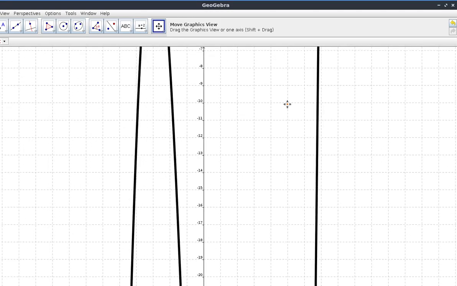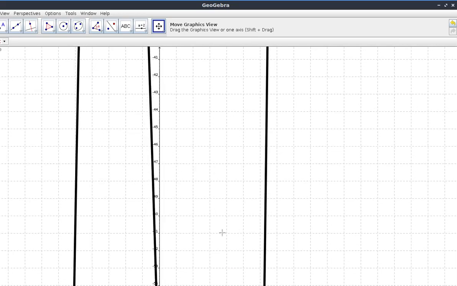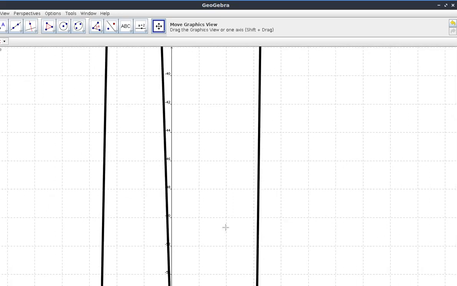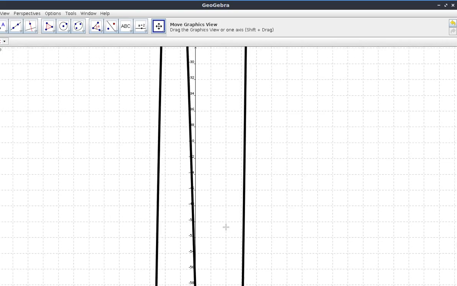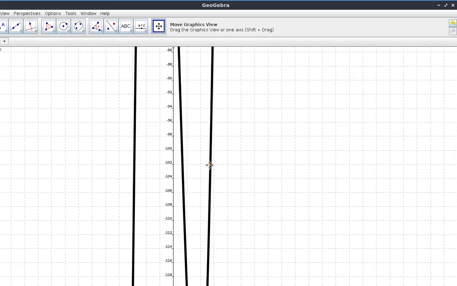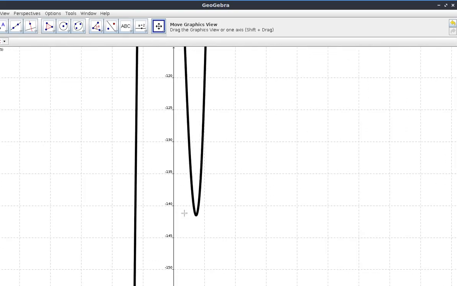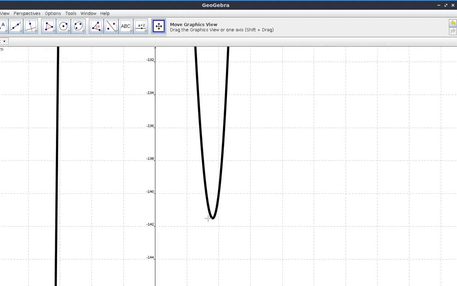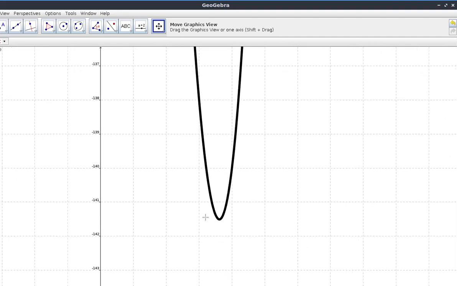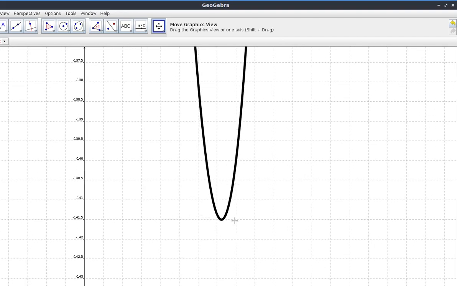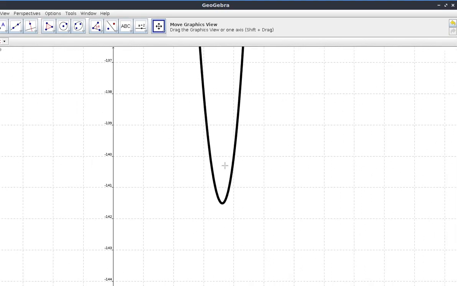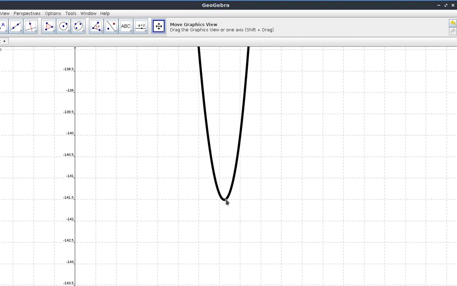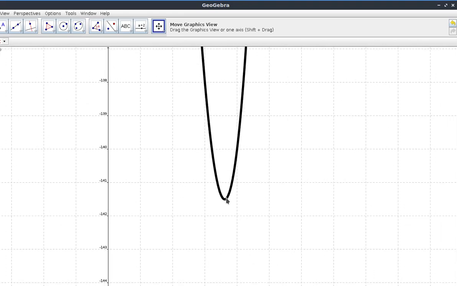So 3.62. Oh, it's gone way down. Let's zoom out and see where this curve goes. Alright, you can see it's close to 142, 141.5. Alright, good, exactly at 141.5. And it should be at 3.62. You can see it's a minimum point, right?